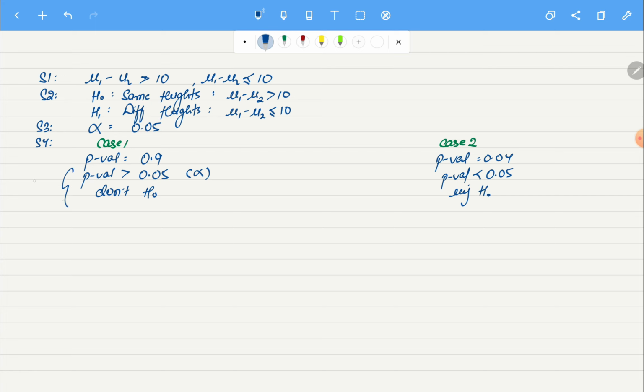This part is step 5. Calculating p-value is step 4.